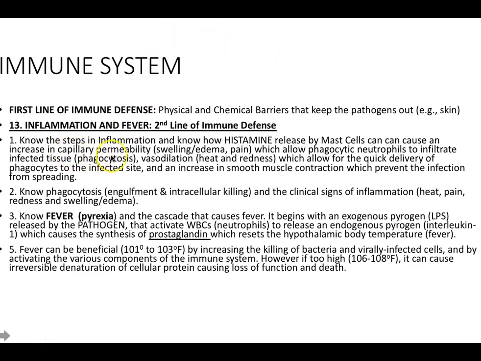So the capillary permeability is going to be responsible for the edema and the pain. And ta-da, phagocytic neutrophils. That's what you want. This is what you don't want. Now, I'll talk about phagocytosis in a second.